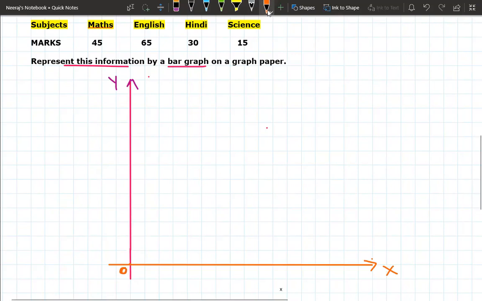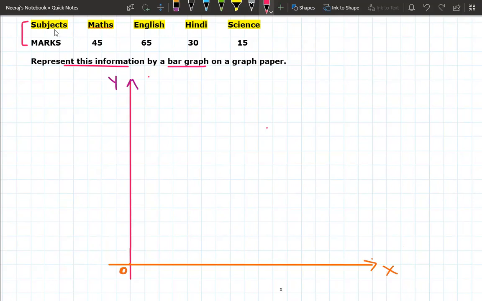Now after drawing the x-axis and y-axis, we have to give captions to the x-axis and y-axis. So how will you write them? Here we have two categories for which we have to write captions on the x-axis and y-axis.